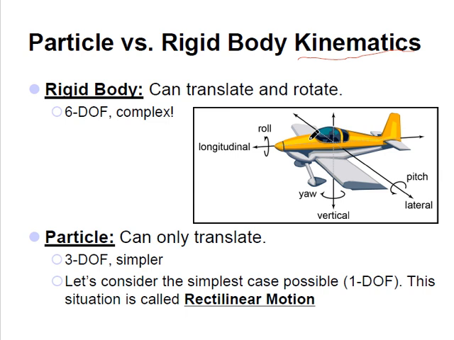So when you look at this plane, okay, it can move forward. Yeah, if you think of an airplane, you know it can move forward. But it can also rotate, all right, along three axes that we learned from chapter 1.